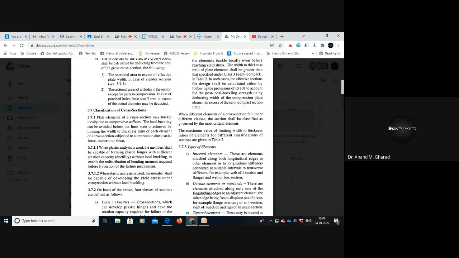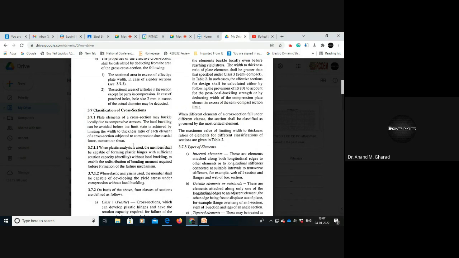Now you can consider an I section. Let's discuss the I section. If you see the cross section of this I, you will understand that the upper flange, the lower flange, and the web, you can consider these to be three different elements. Do you remember I had told you that the members or the components of any cross section will now be called elements?